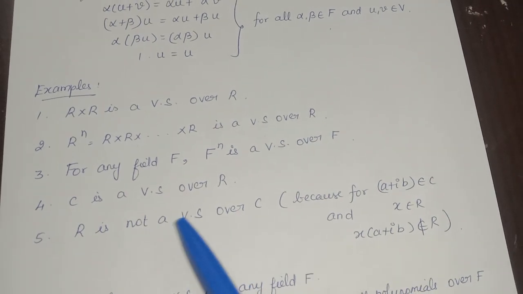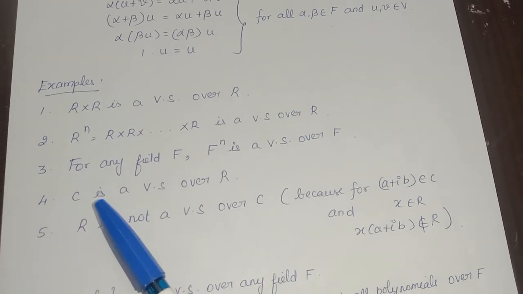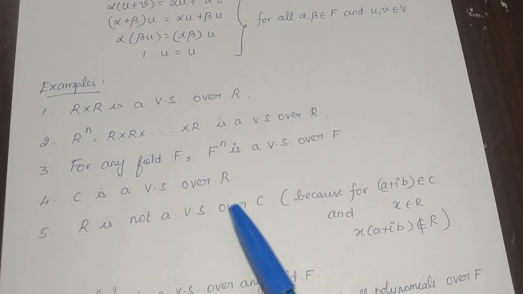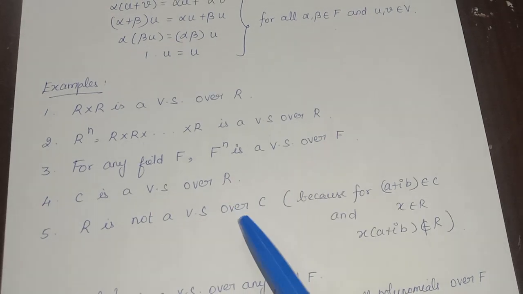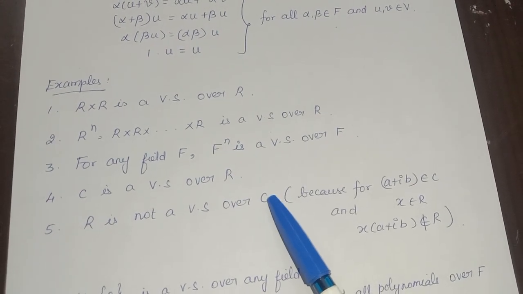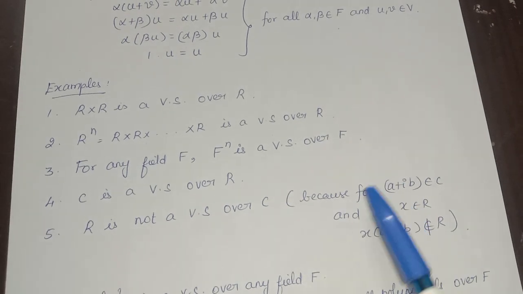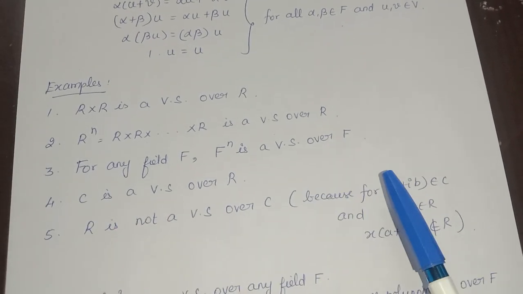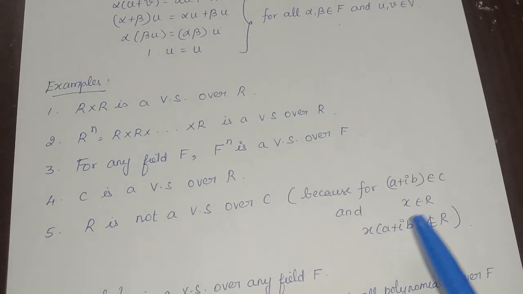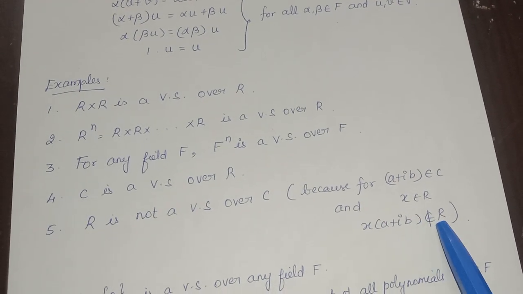Then R is not a vector space over C. Here we have seen C is a vector space over R, but R is not a vector space over C. The reason is, in the field we take one complex number a plus ib, and then we take one x here. Then what is the product of the scalar and the vector? (a plus ib) into x. That is not a real number. That will be a complex number only.